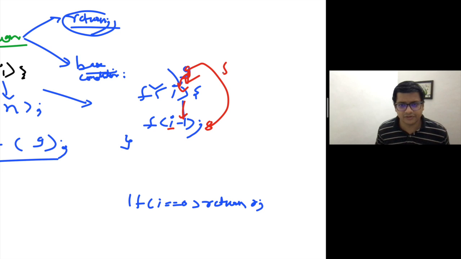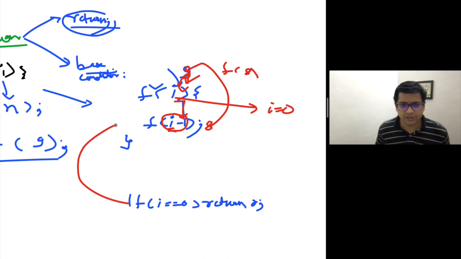It again calls the function with f of 8, because we are passing i minus 1 as the parameter, and then 7 and then 6. At some point i becomes 0. If we place this condition before the function call, then when the condition is satisfied we are going to return 0. Then it will not call the function below 0. It is not going to subtract further. That's why it acts as a base condition.